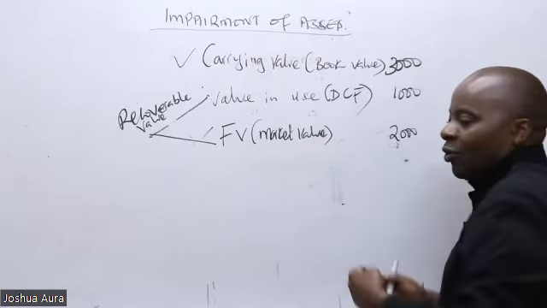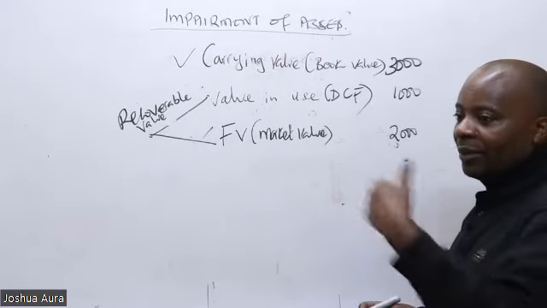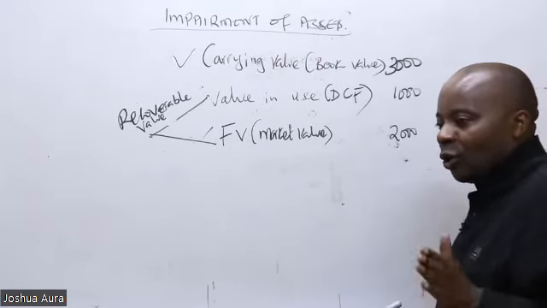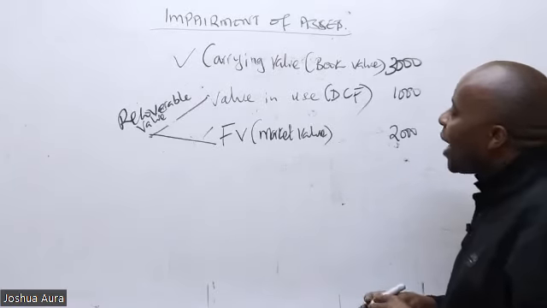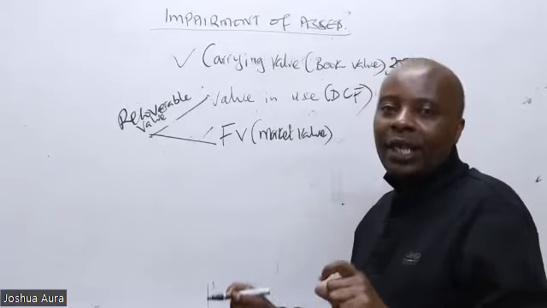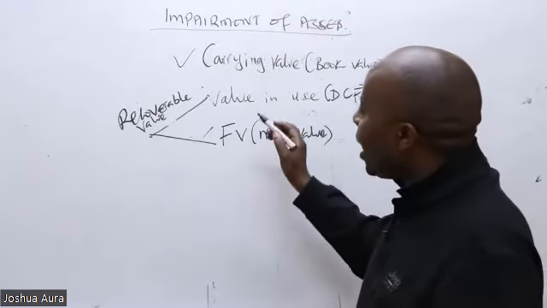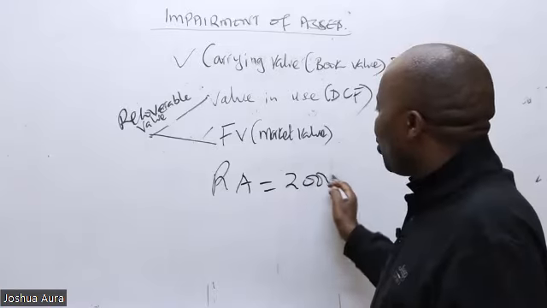Where am I better off between those two options? Should I sell the machine today and get 2,000? 2,000, isn't it? So it means that overall, I'm going to make a wise decision and sell this camera today, meaning that the recoverable amount is 2,000.